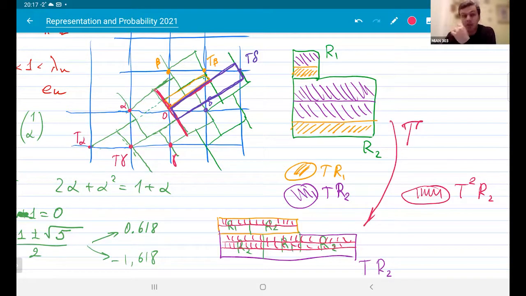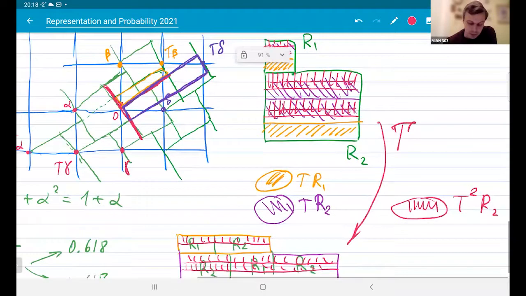А теперь мы сделаем объединение этих двух картинок. Мы ведь знаем, что TR2 – это такая полосочка, в которой есть даже целых две полосочки, образ T квадрат от R2. Вот смотрите, как он будет выглядеть. Я боюсь, что уже ничего не стало видно, но смотрите, что здесь сделано.